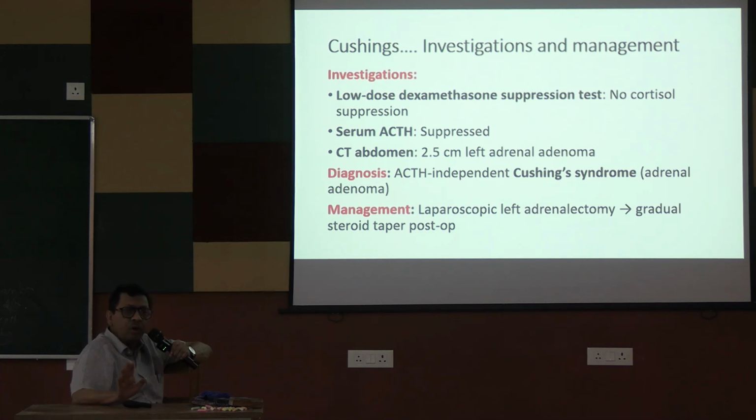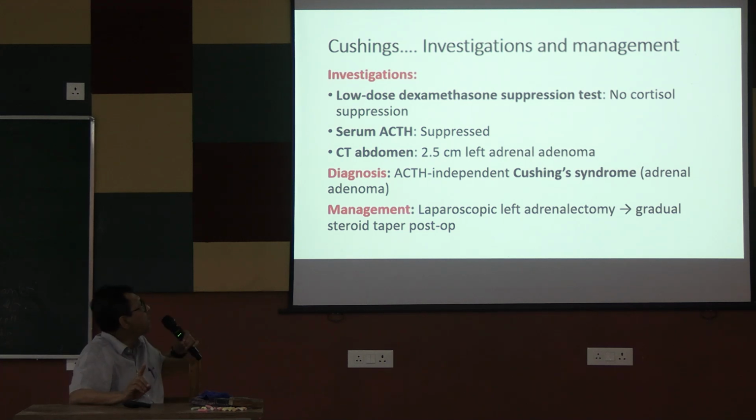These are the hormones liberated by this part of the gland, and the control is entirely by hypothalamus ACTH secretion. But there are conditions where the adrenal gland itself is diseased due to presence of an adenoma or a cancer, in which case the hypothalamus cannot control the secretion of the hormone.